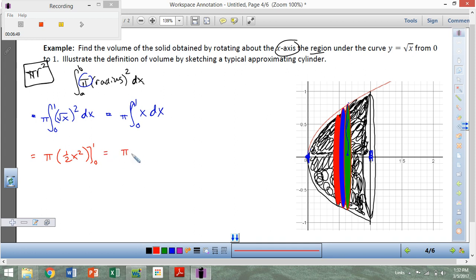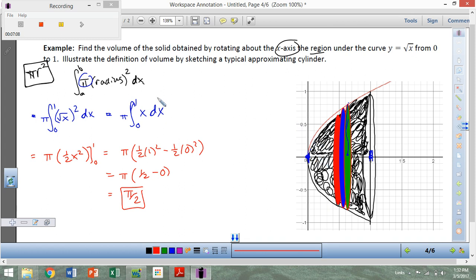So I get pi times 1/2 times 1 squared minus 1/2 times 0 squared, which gives me pi times 1/2 minus 0, which is just pi over 2. Keep in mind that's the volume of this shape, pi over 2 cubic units, giving me that three-dimensional volume.